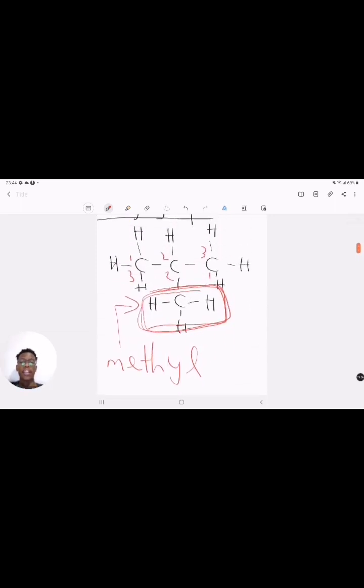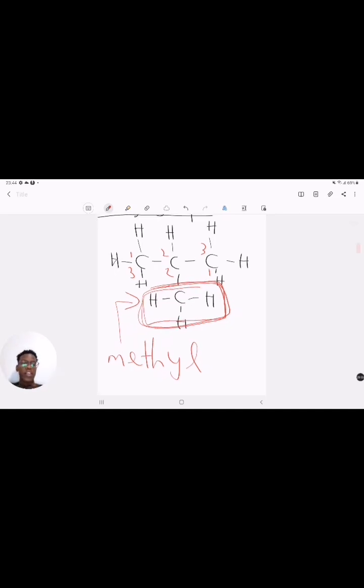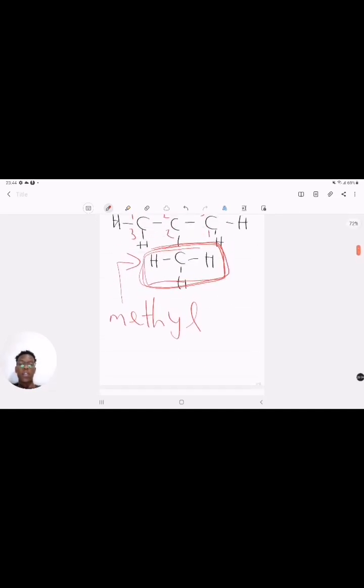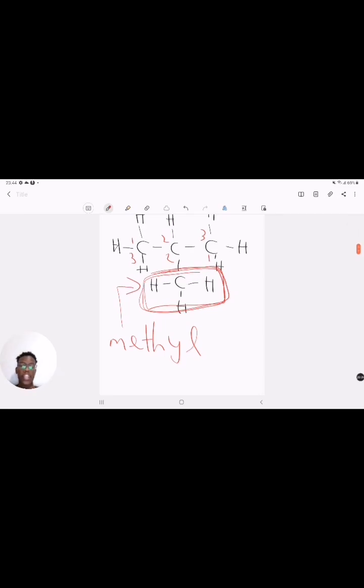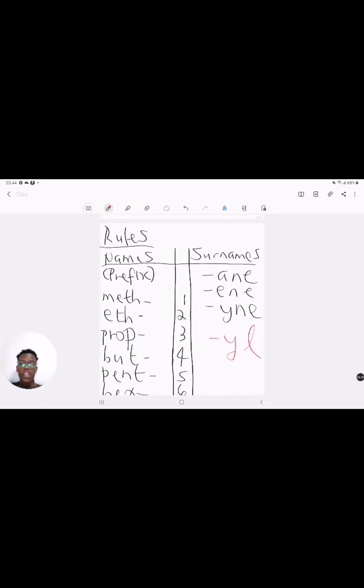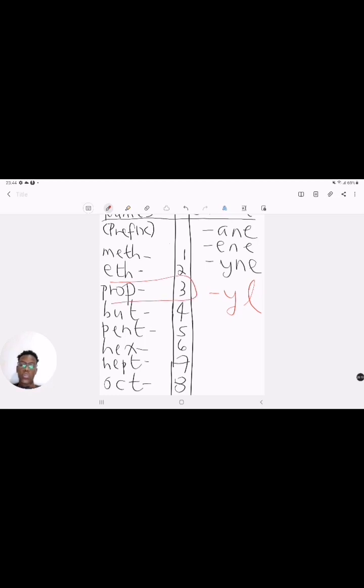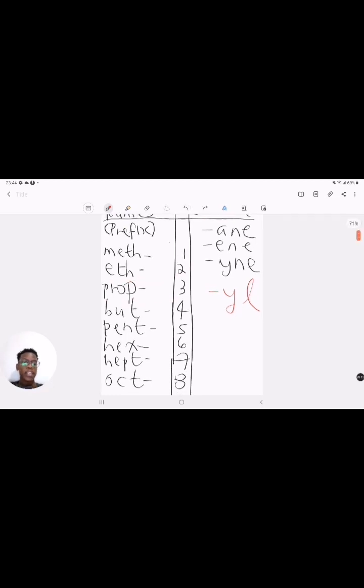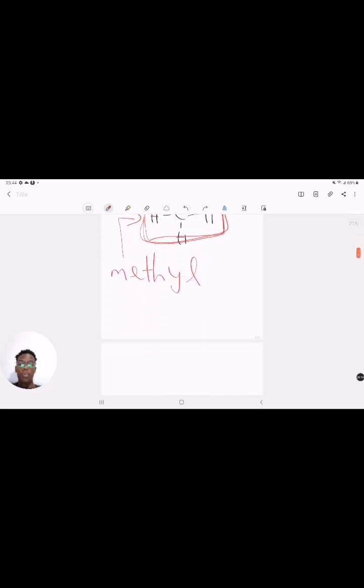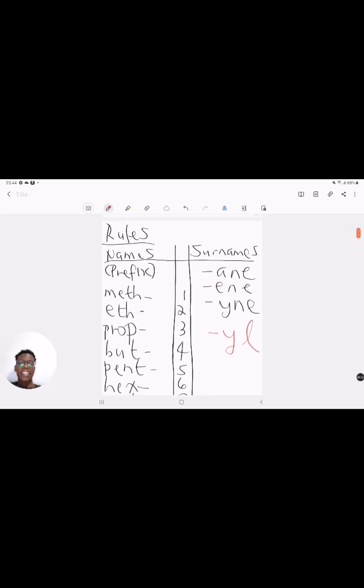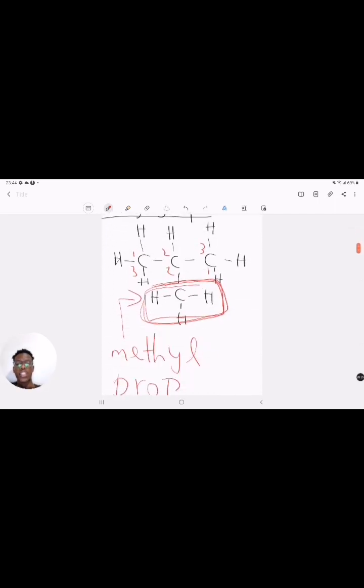So how do we name our alkanes? We name our alkanes by counting the number of carbon atoms. We're going to combine the two names. Now, this alkane is 1, 2, 3. It has 3 carbons. What do we know about 3? We know that 3 corresponds to prop. And what is the maximum number of bonds between successive carbon atoms?